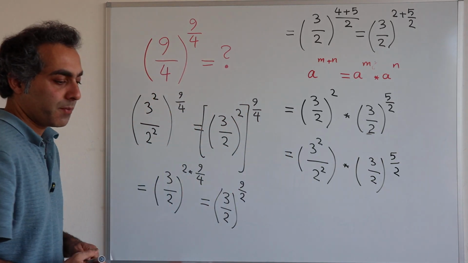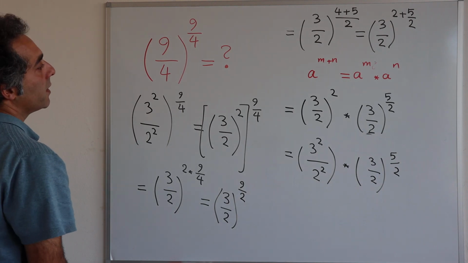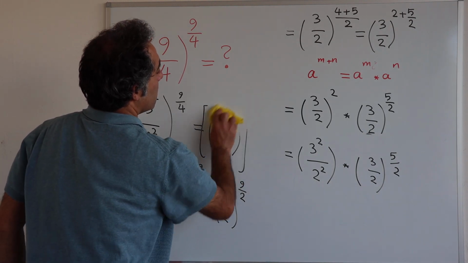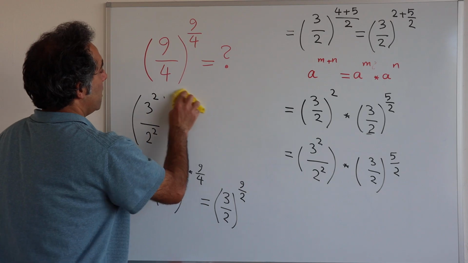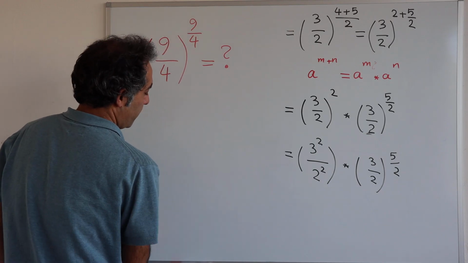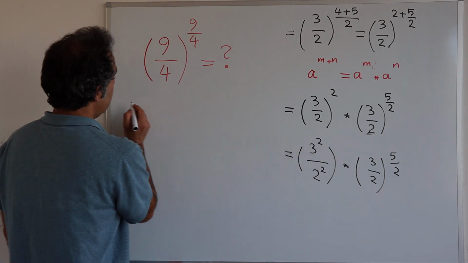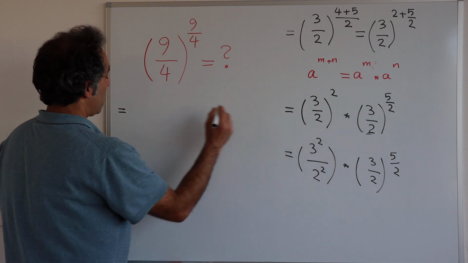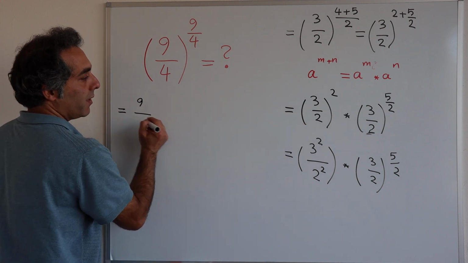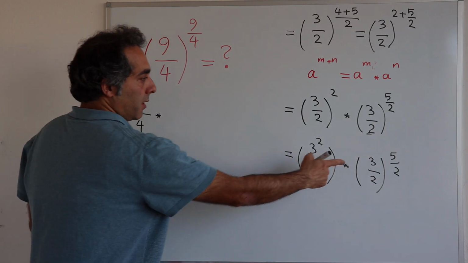So I can write the rest here and erase this side. Now 3 squared over 2 squared is 9 over 4, times the rest.